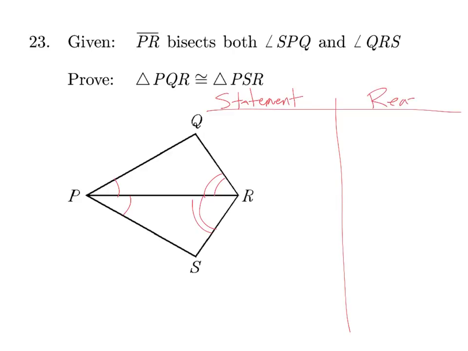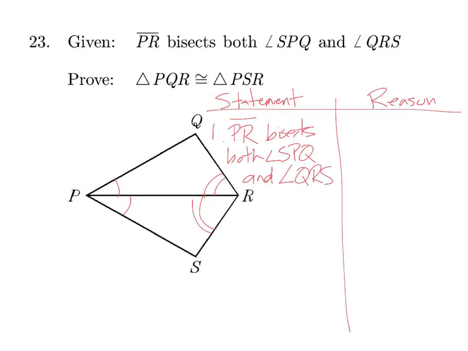Got my statement and the reason. For 1, I have PR bisects both angle SPQ and angle QRS. That's just given.